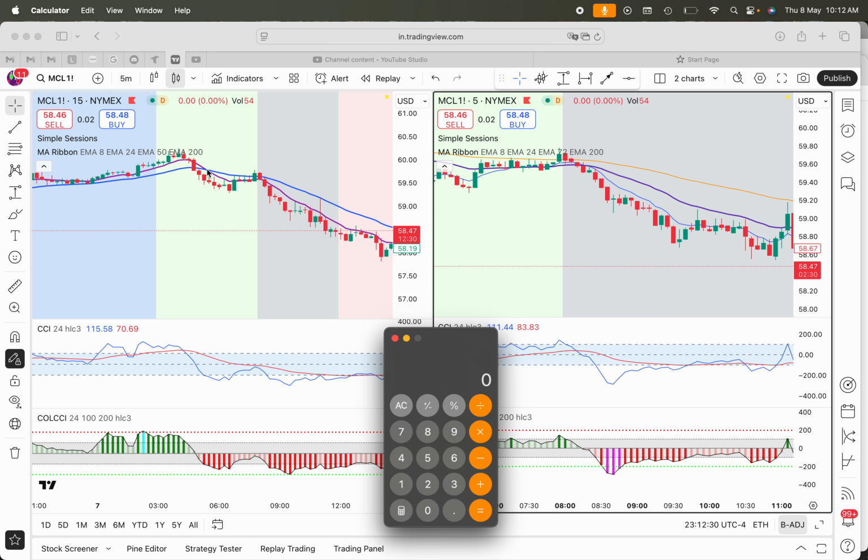So the blue line on this 15-minute chart is the 24 period moving average. It's the longer one, okay? So I'm going a 15-minute chart, times that by 24, which is the moving average, divide that by the chart I want it to go on, which is this 5 minutes. So we divide that by 5, and that gives me a 72.